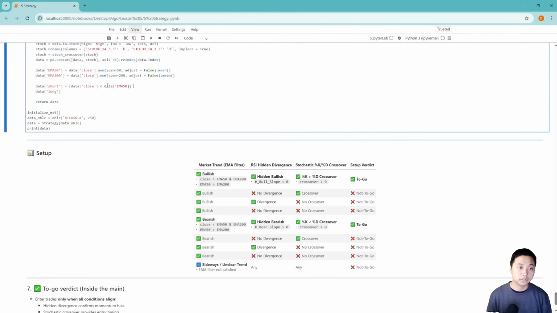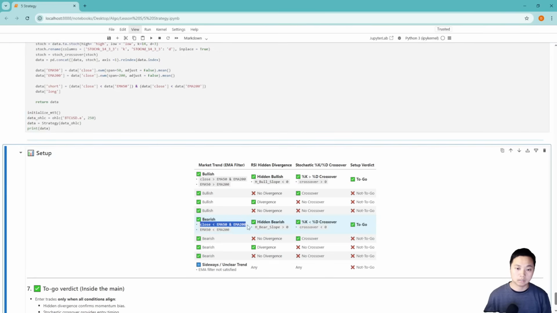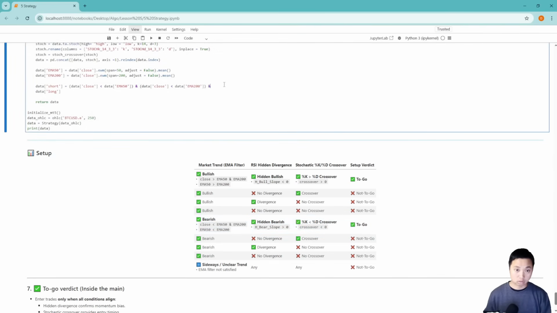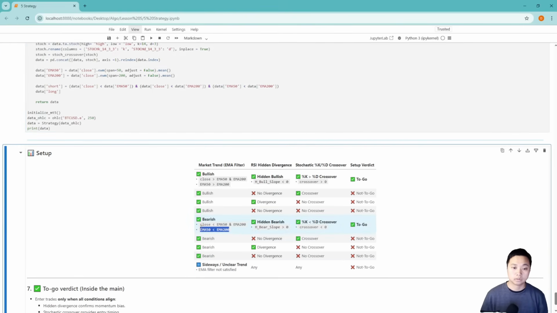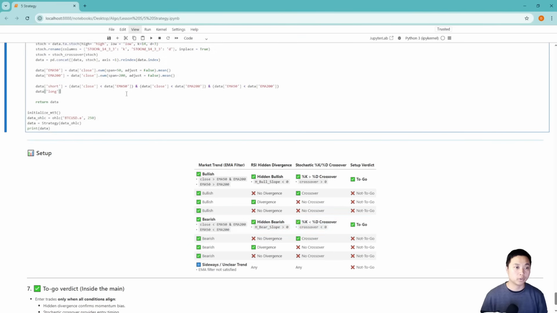The second one is the closing price less than the EMA 200. Together, we will have this logic. And finally, we also need to make sure that the EMA 50 is less than the EMA 200. So that formulates the bearish market trend.